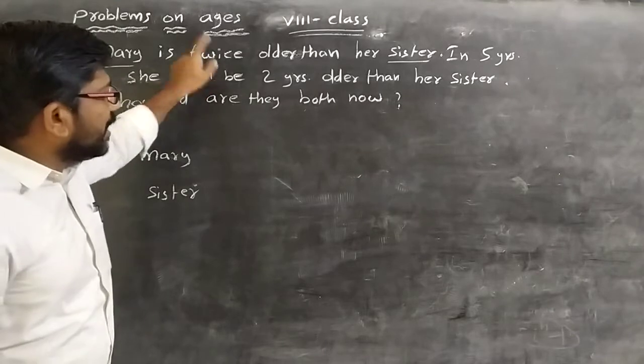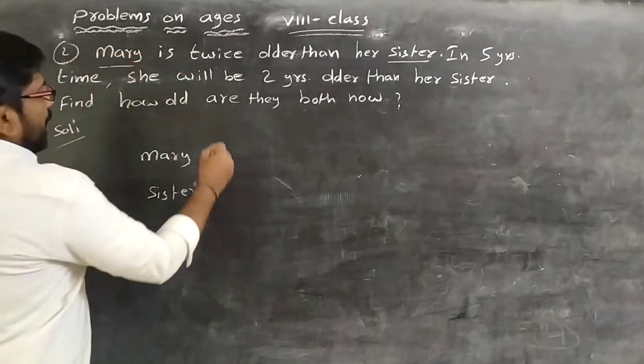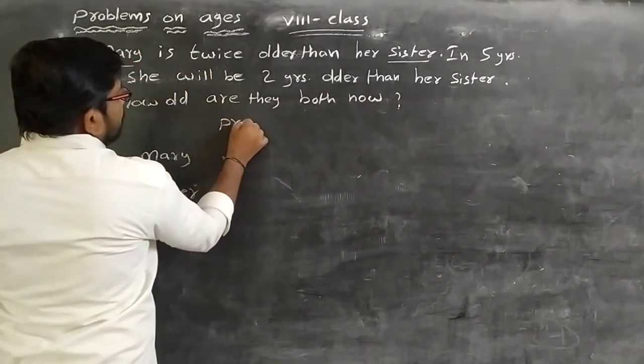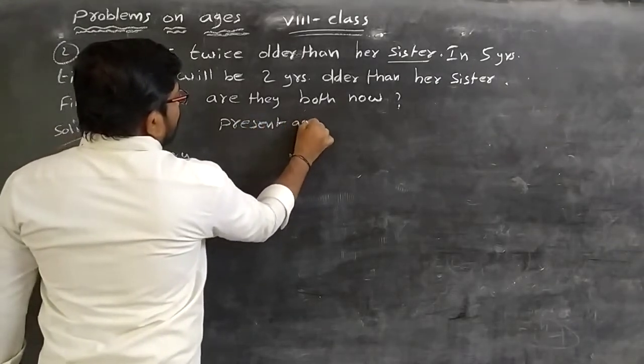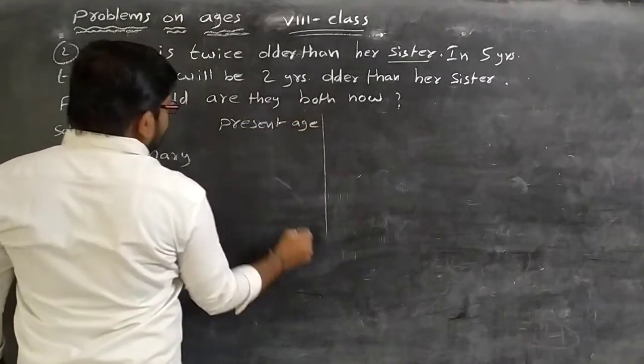Mary is twice. So present age is the first column.